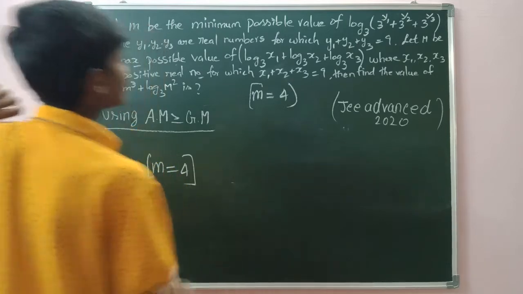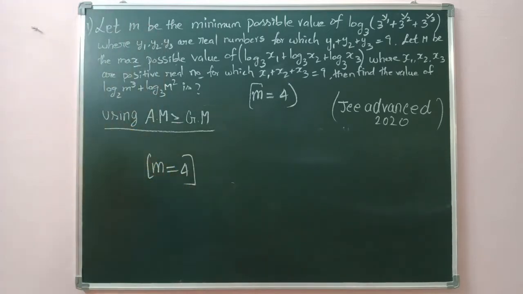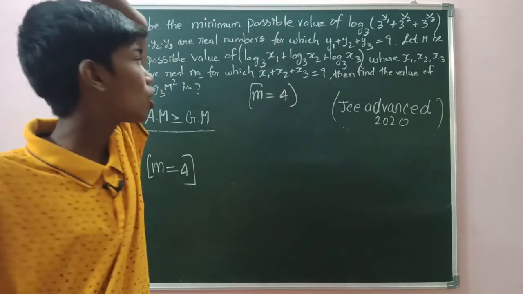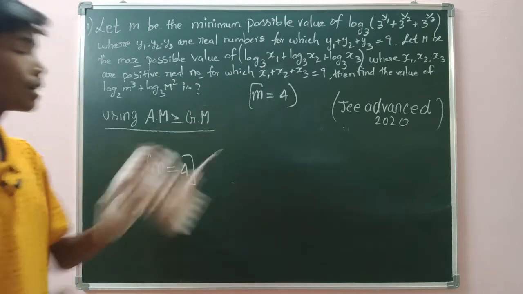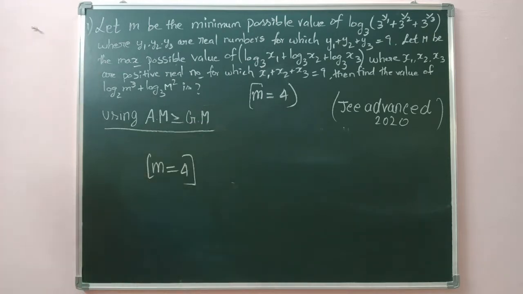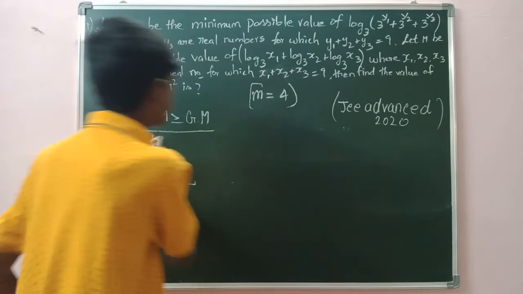So your second part of the question is the maximum value of log to the base 3 of x1 plus log to the base 3 of x2 plus log to the base 3 of x3, where x1, x2, x3 are positive real numbers for which x1 plus x2 plus x3 is 9. Here, the terms that I am going to consider are x1, x2, x3. So here also I am going to use the AM-GM inequality.